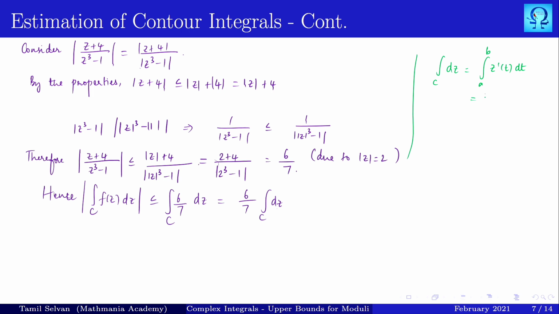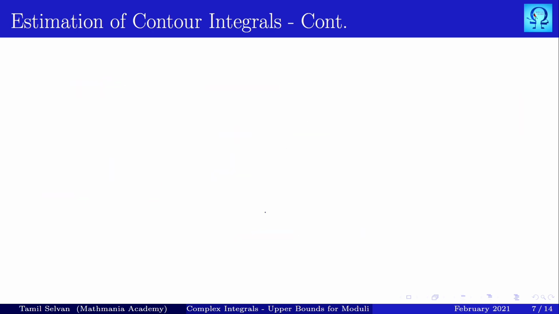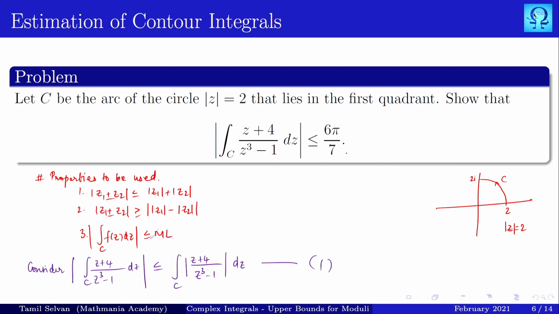This is nothing but the length of the curve, the length of the contour C. So we now have to multiply the length of the contour with 6/7. If you have to do it mathematically, of course you can do it.